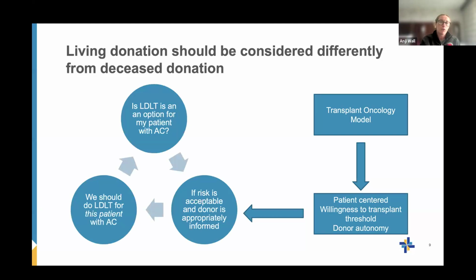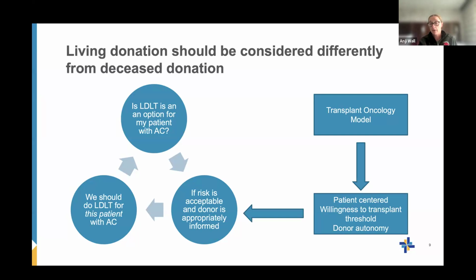So when I think about the question of living donation for extended criteria cancer, the question is: is living donor an option for my patient with advanced cancer? If the risk is acceptable and the donor is appropriately informed, then that's somebody we should consider living donor liver transplant for. I can say this very simply, but it doesn't reflect a lot of practice in the US, because living donation is still overseen the same way as deceased donation.